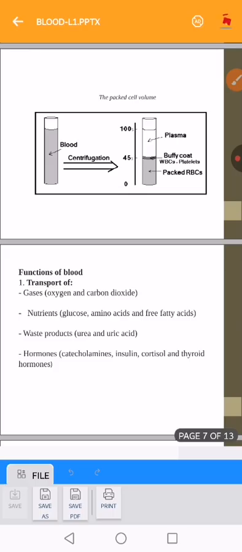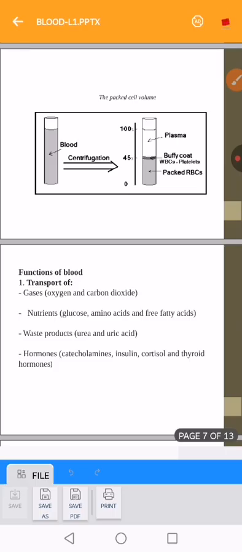So, what are the functions of the blood? The blood is the most important tissue in our body because without the blood, the heart cannot survive, the kidneys cannot survive, the liver cannot survive, the lung cannot survive. Why?